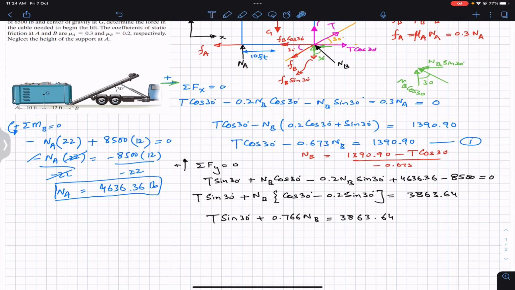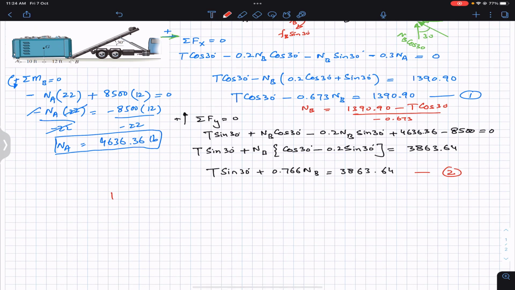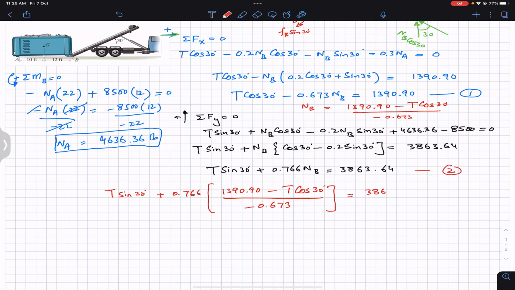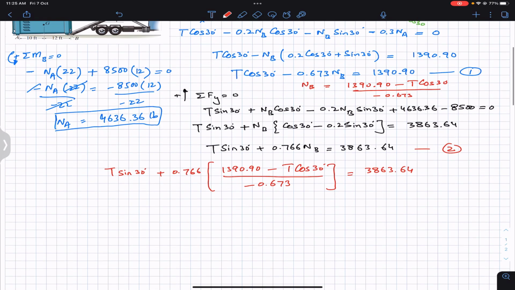So now if we plug in this NB in this equation, let's say this is our equation 2. So we will have T sine of 30 plus 0.766 times NB. Now NB is 1390.90 minus T cos of 30, divided by minus 0.673, equals 3863.64.